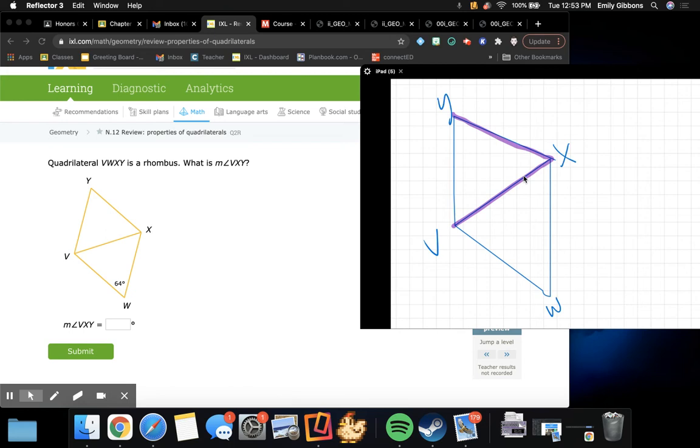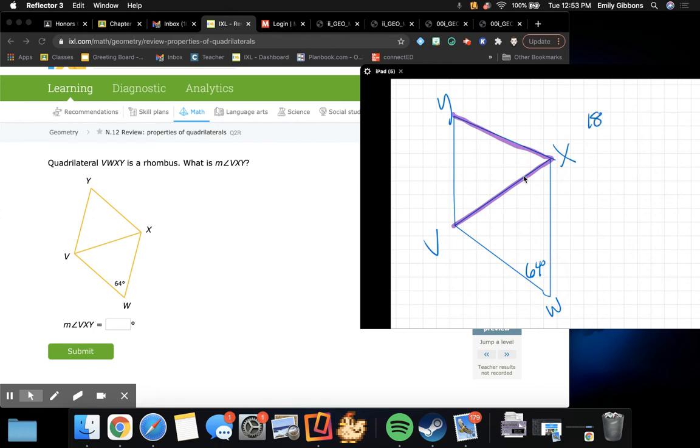And what I anticipate is that we're going to have to take kind of a roundabout approach here because we know that this is 64 degrees, but we don't know that this is 64 degrees. We don't know that. But we do know that parallelograms have consecutive angles like this and this that add up to 180.